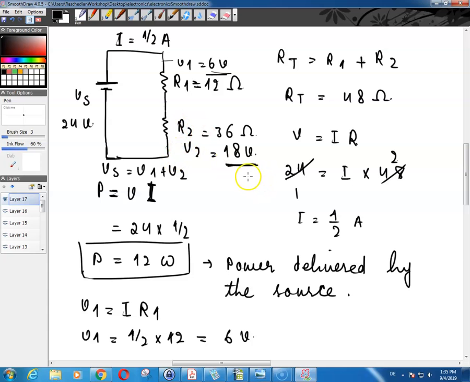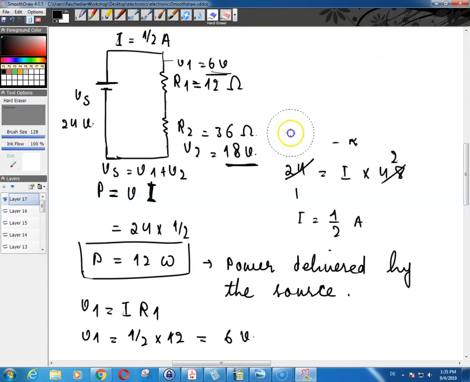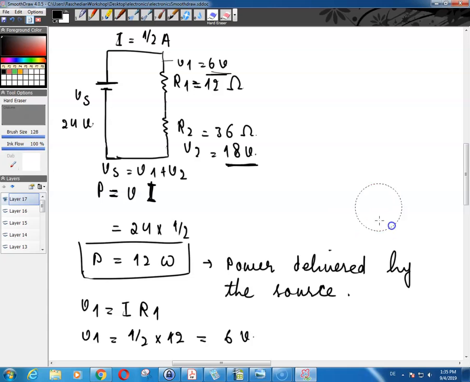Okay? Now, we want to find the power dissipated across each of these resistors. So let's call the power dissipated by R1 P1, which is equal to I, which is the same for the whole circuit, times V1.